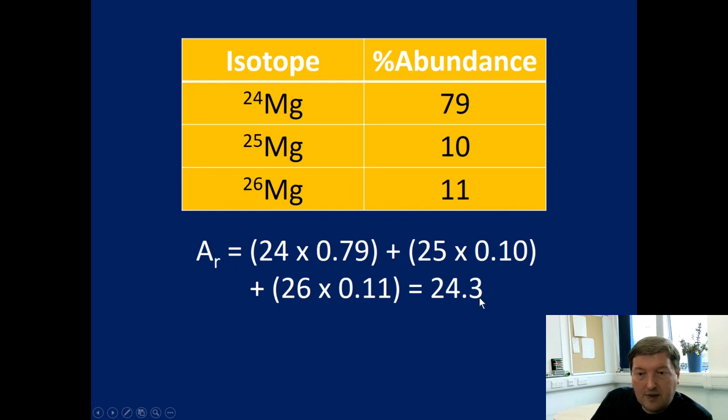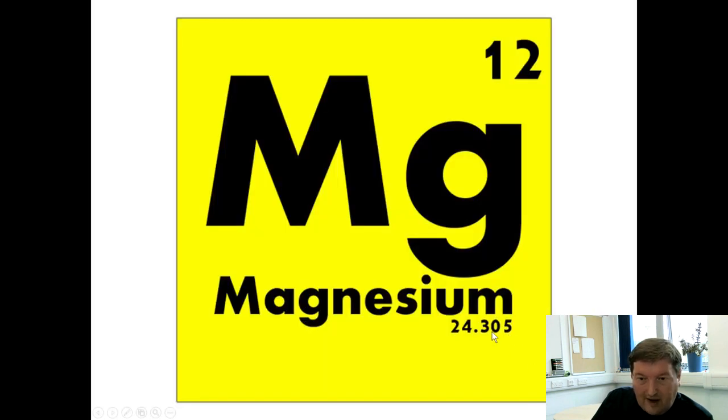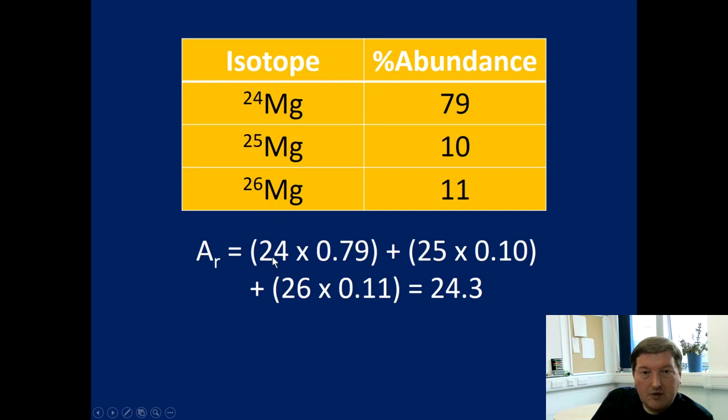So that number 24.305 comes about by multiplying the isotope mass times the abundance as a fraction, that would be 24 times 0.79, and then we add 25 times, this is expressed as a fraction, 0.1, plus the 26 times 0.11, so that's 11% expressed as a decimal, 0.11.